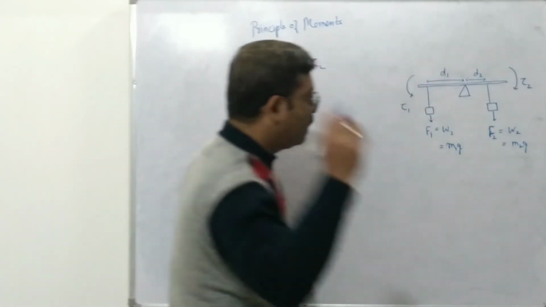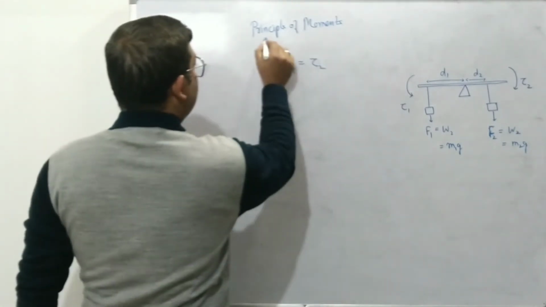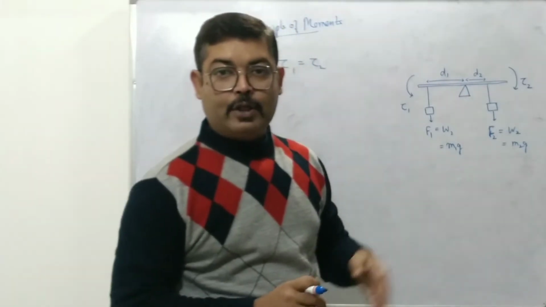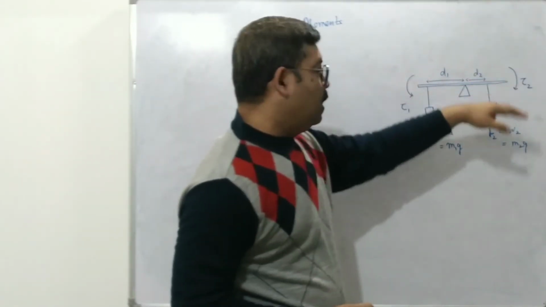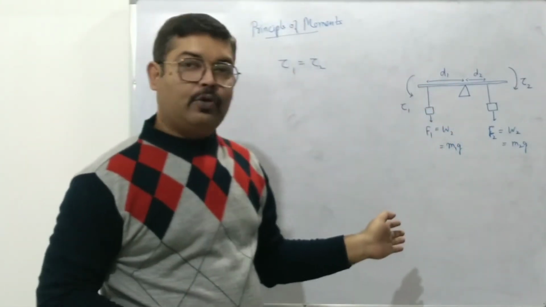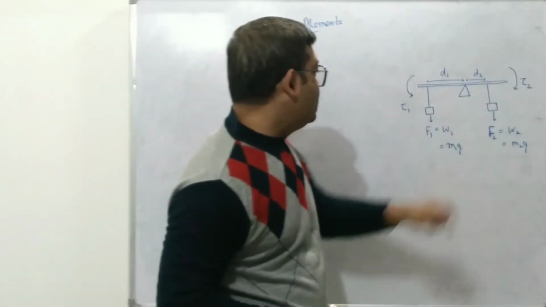Okay. So the principle of moments says that for the object to remain in rotational equilibrium, the torque trying to rotate it in the counterclockwise direction must be equal to the torque trying to rotate it in the clockwise direction.